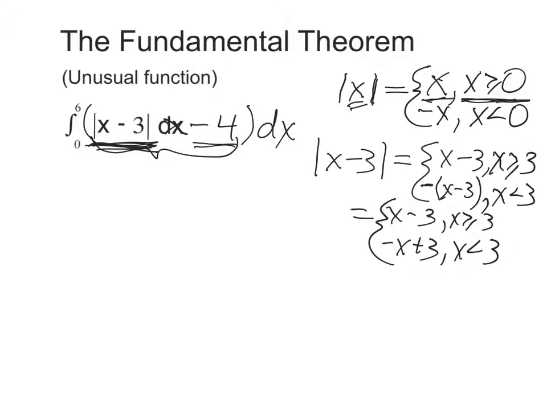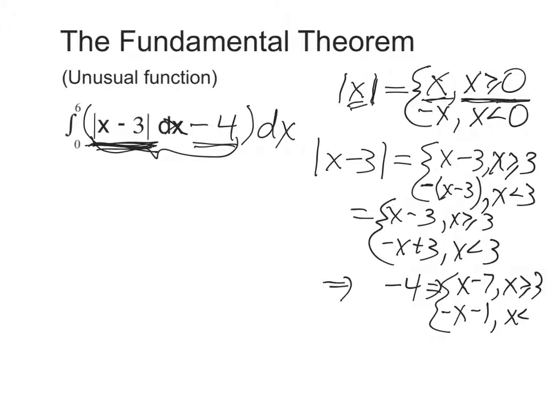So for each part we've got to subtract 4, and we would get x minus 7 and negative x minus 1, right? And again, that's going to be for x greater than or equal to 3 and for x less than 3.